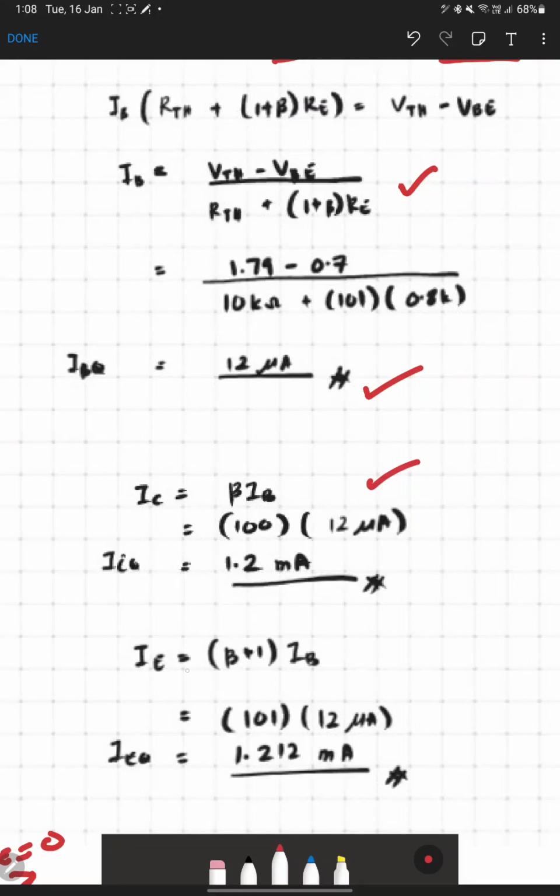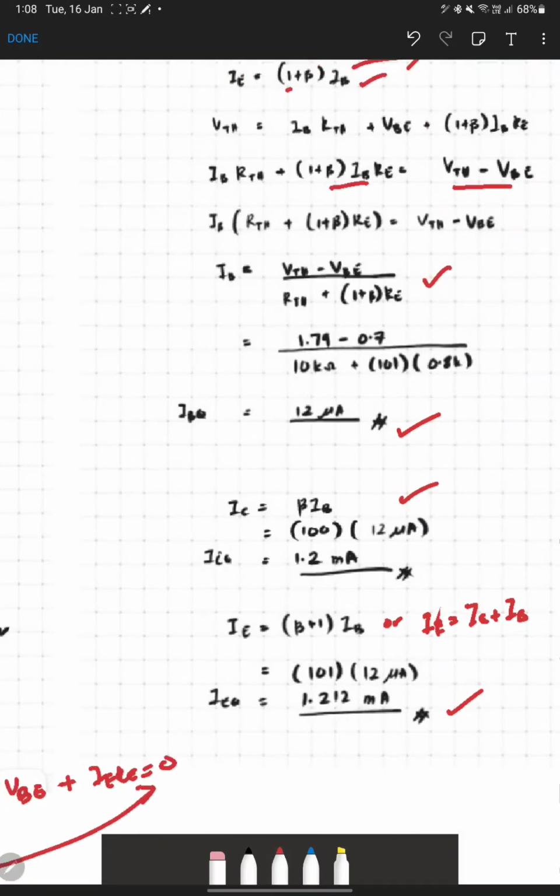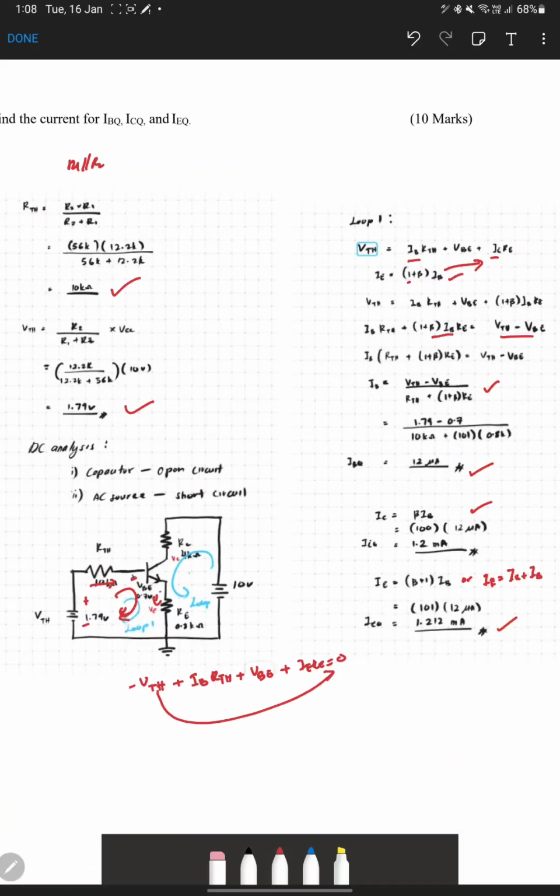We can find IE by applying beta plus 1 times IB, or you can use IE equals IC plus IB. You get the same value, 1.212 milliampere. So we finish the first question.